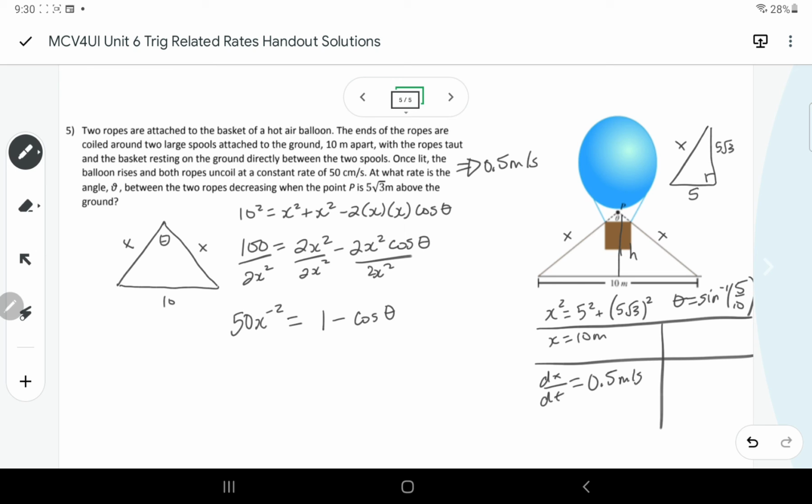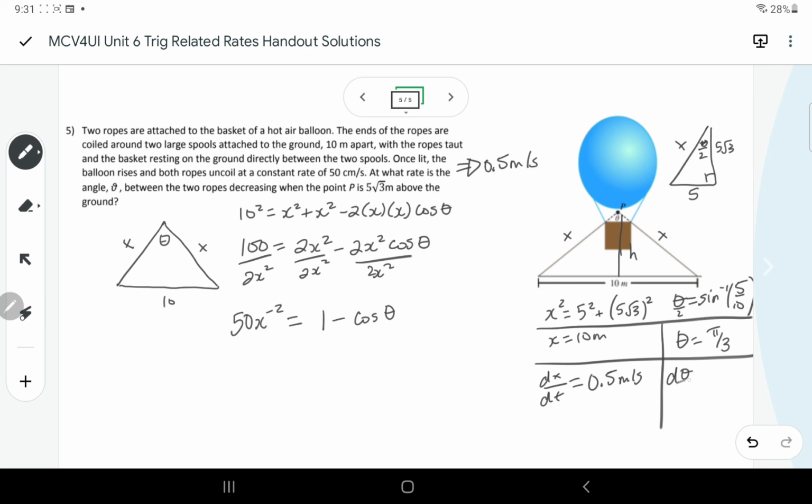And that's actually just half of theta. So where sine is 1/2 is pi over 6. So that would be pi over 3 for theta. There are other ways of figuring that out. You could absolutely sub that into your equation here and put in x equals 10 and solve for cos theta. That will work as well.